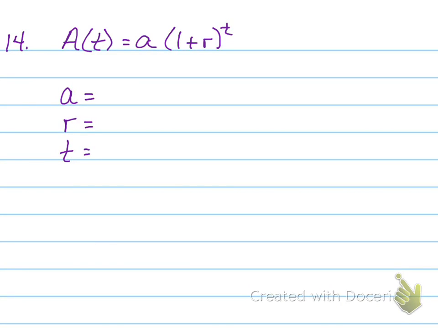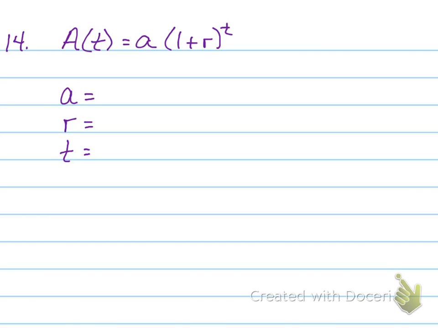All right, let's look at number 14 real quick. It says, identify the meaning of the variables in the exponential growth or decay function. And as you know, our function is A of t, or the amount over the specified amount of time, is equal to a times 1 plus r to the t power. And it wants to know, what do a and r and t represent?